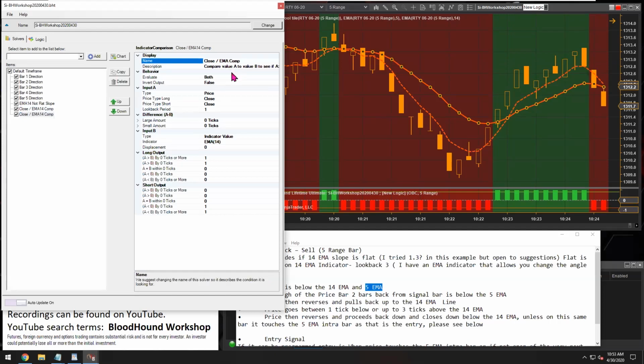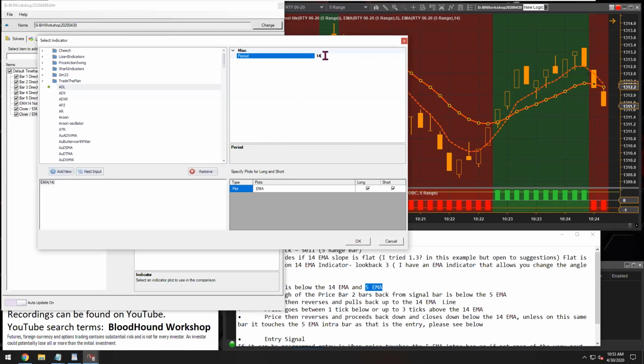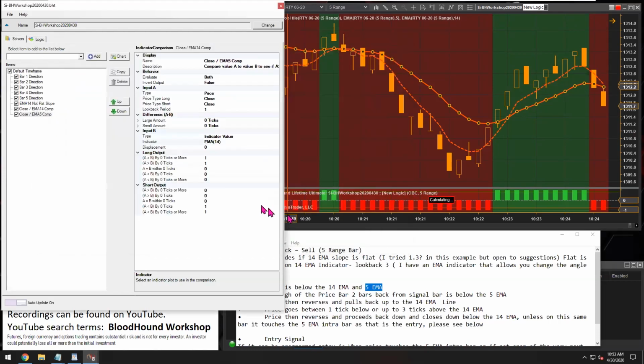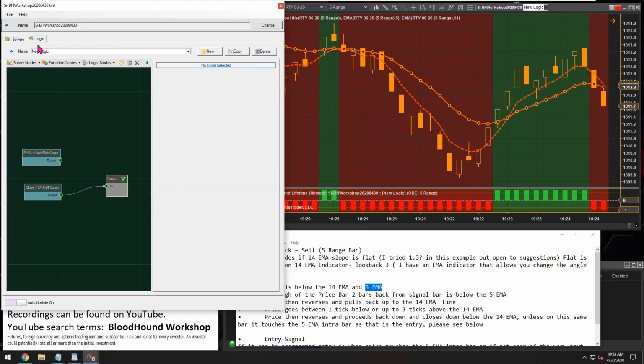I will adjust the name on one of them to the EMA5 and then go into the EMA and adjust that period. So it's a 5 EMA now. There we go. There's my new solver comparing the closing price to the EMA5.